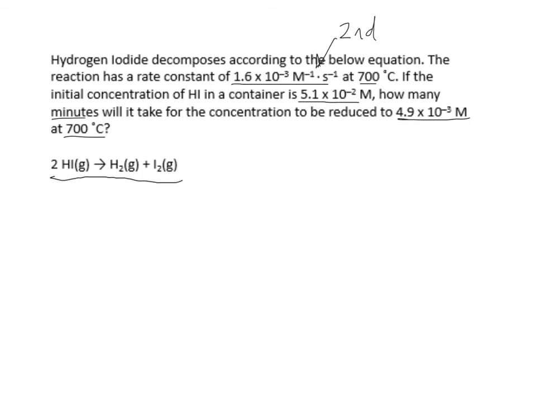So that means I should use the second order integrated rate law, which is 1 over the concentration of A at time t is equal to the rate constant times the amount of time plus 1 over the concentration of A initial. All we have to do is substitute our information.